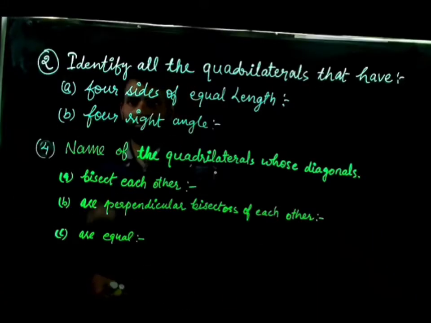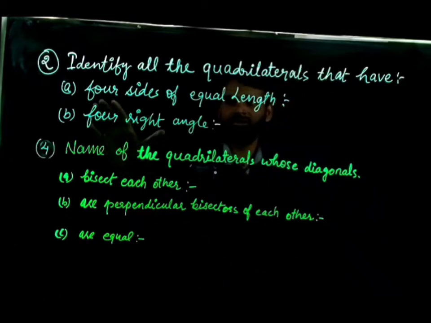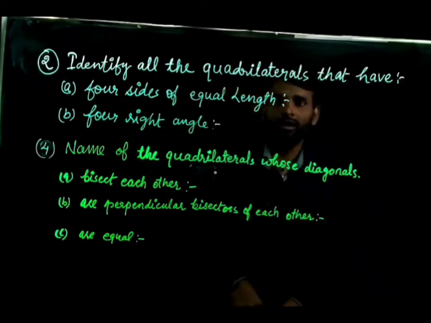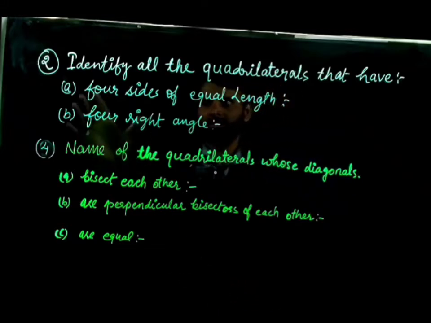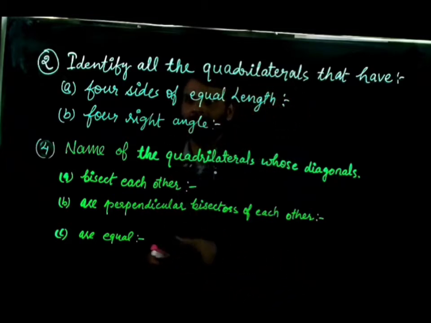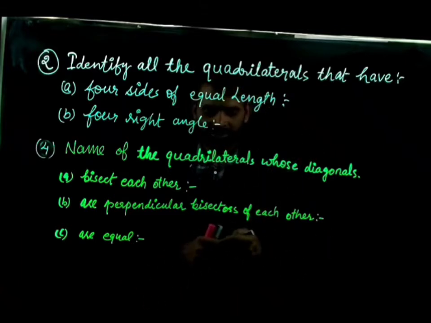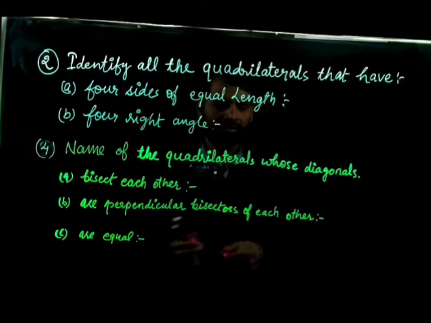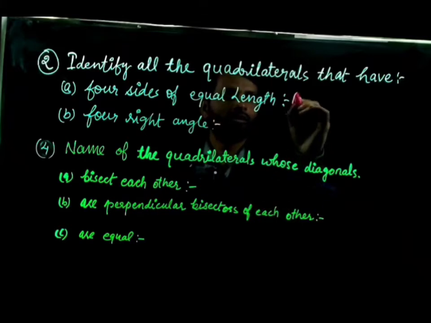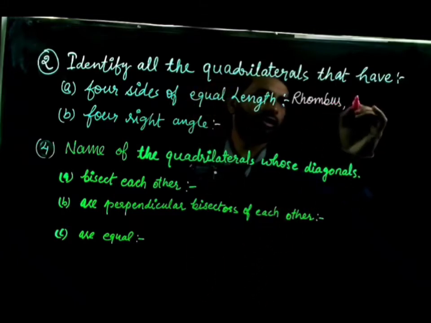Question number 2, identify all the quadrilaterals that have first, four sides of equal length, and second, four right angles. You write the name of the quadrilateral. Four sides of equal length: the first is a rhombus and the second is a square.